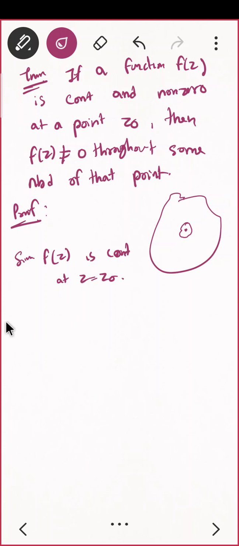I'll choose something, let epsilon be equal to mod of f of z naught by 2. Suppose I am choosing this epsilon, but first thing, is this epsilon positive? I already told you f of z naught is non-zero, correct. In the condition it is given that the function is non-zero at z naught.